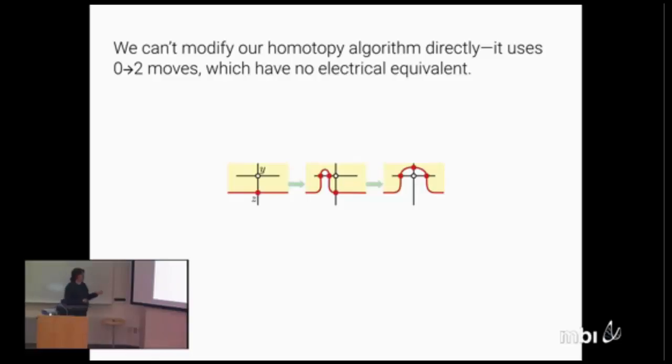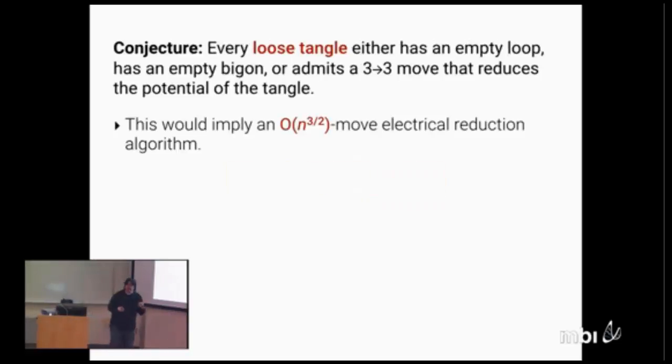So one thing that we thought is, there's this Feo and Provan result that says in any closed curve, and in fact any 4-regular planar graph, there's always a positive 3-to-3 move. Maybe this also applies to tangles. If it did, then we could use essentially the same charging arguments to derive an n to the 3/2 move algorithm.